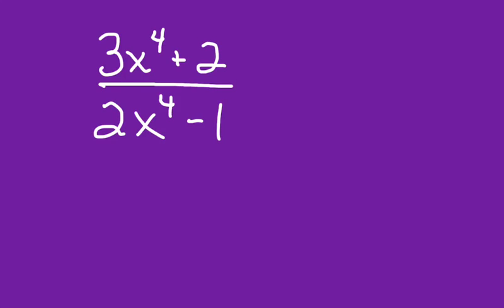And I am noticing here that I have a tie between my degrees. Then what that simply means is that the horizontal asymptote is going to occur, watch the magic here, there it is: the ratio of the leading coefficients. And of course I just have to tag on that y equals.